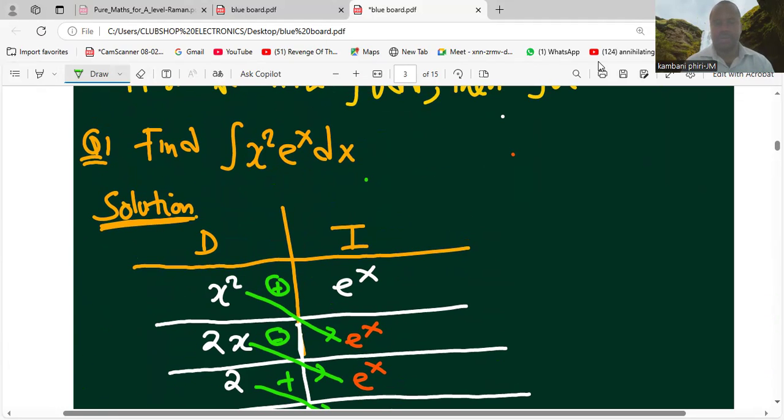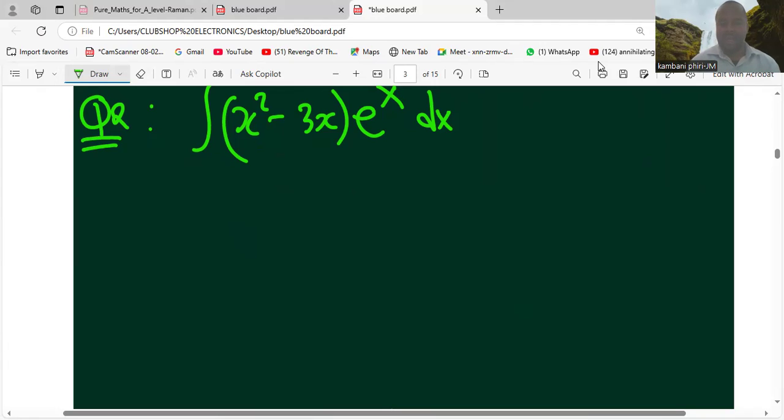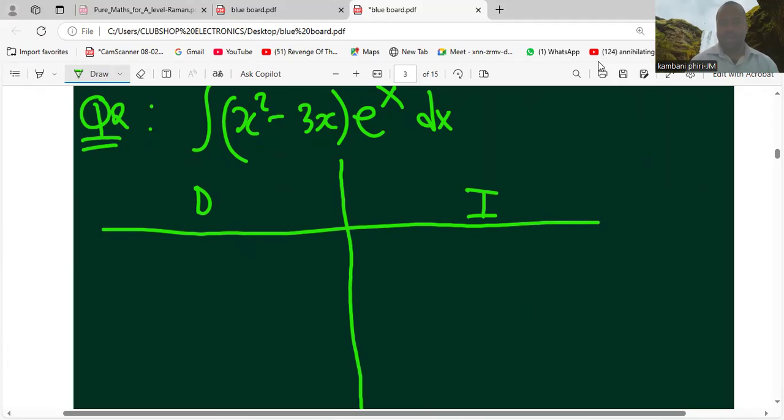Okay, good. So again, we are going to get the derivative and the antiderivative for the integral. The function that we can easily differentiate here is x squared minus 3x. Then we'll keep our integral as this one. We'll integrate that.